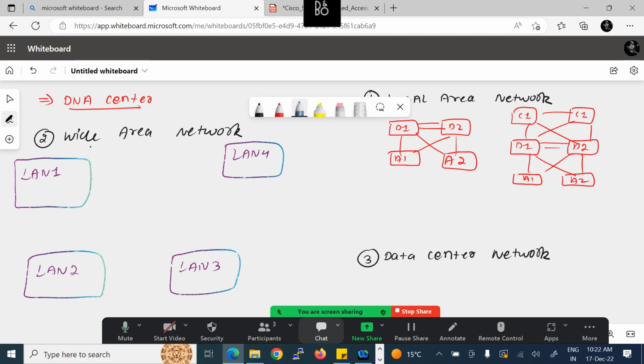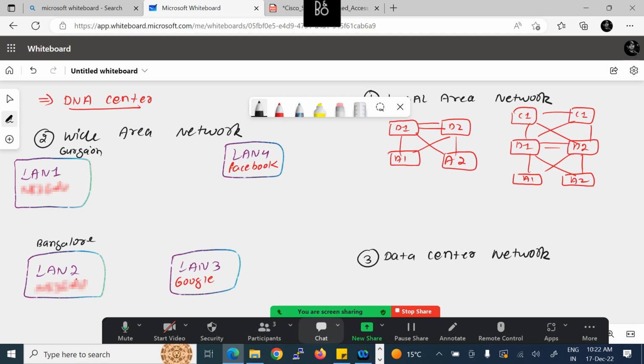Okay, this is your office, for example, this is Google network, this is Facebook network, and this is our NS, for example. All right. So this is in Gurgaon, and this is in Bangalore.